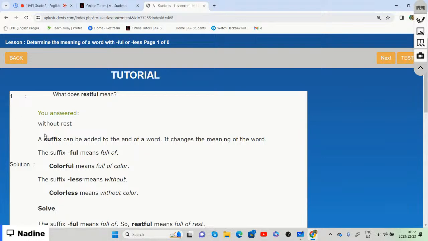And we said that a suffix can be added at the end of a word, after the base word, and then it also changes the meaning of the word. And knowing the meaning of a suffix or a prefix, or specifically a suffix in this case, will help you to determine the meaning of a specific word.